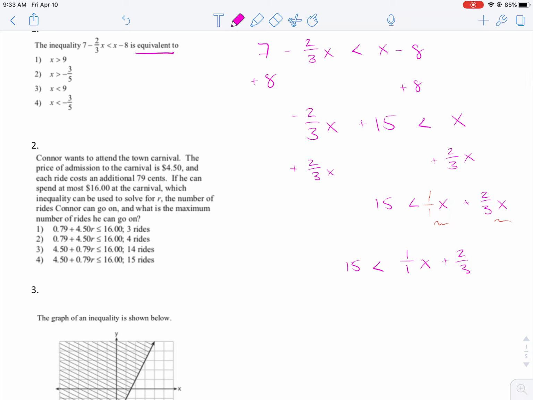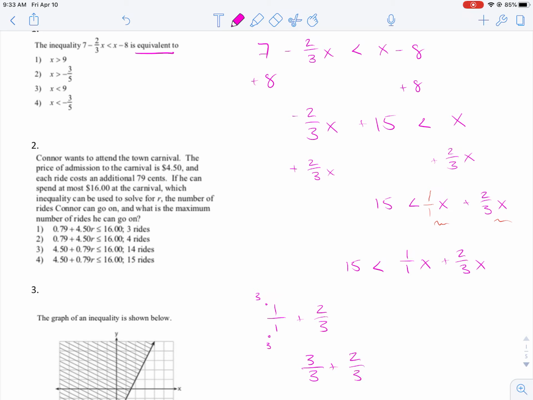So when we go to add this together, it's going to be 1 over 1x plus 2/3 x, and when we add those two fractions, I'm just going to do that off to the side, okay?